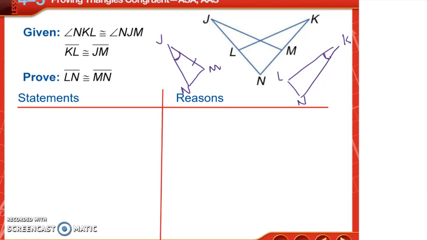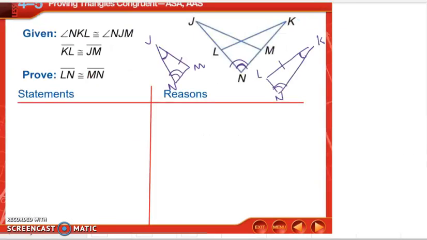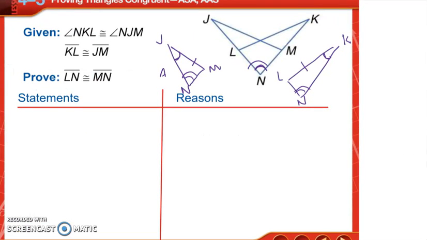That's a given. And then we also know, don't we, that this angle N is congruent to itself? So much easier when you separate the picture out. Okay, so then it looks like this one might be an angle, side.